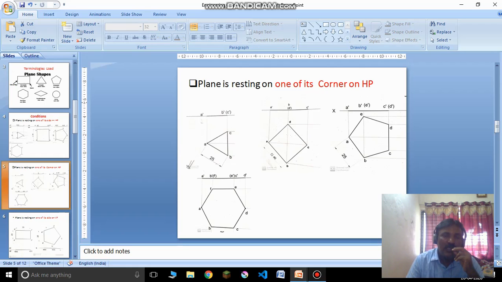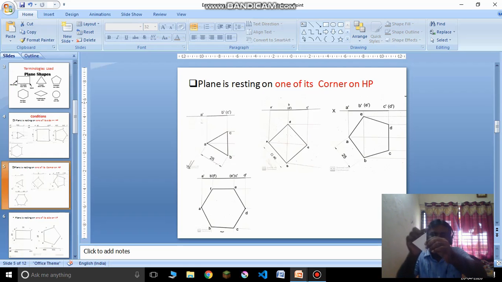Now we will see how to keep it in the initial condition when it is resting on one of its corners. Take an example of a triangular lamina. There are 3 corners, A, B, C.